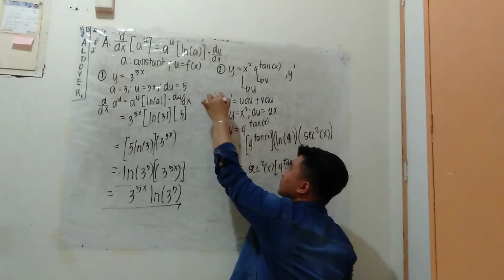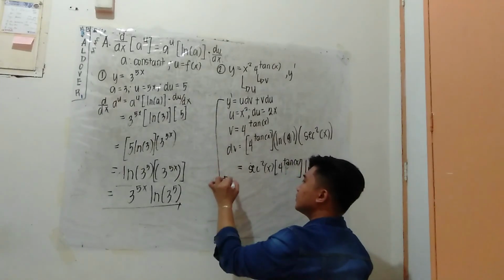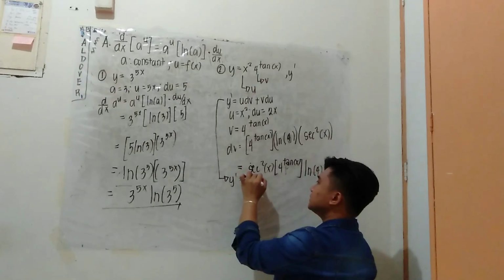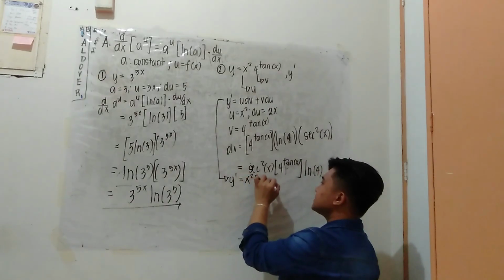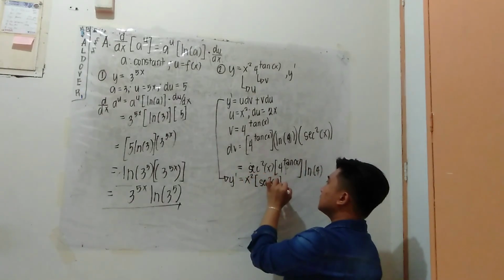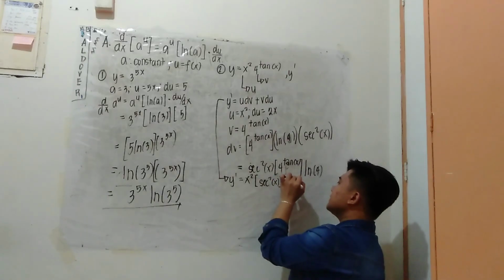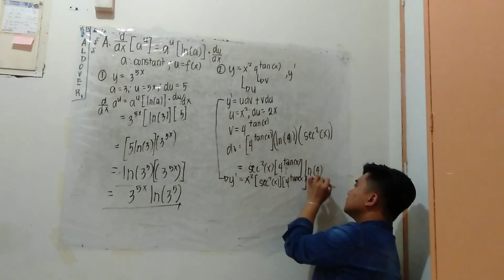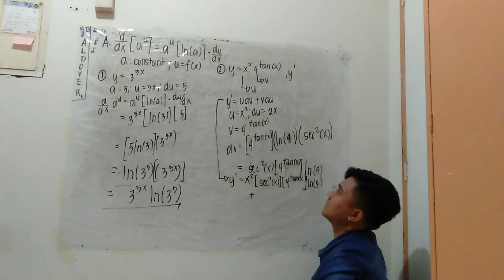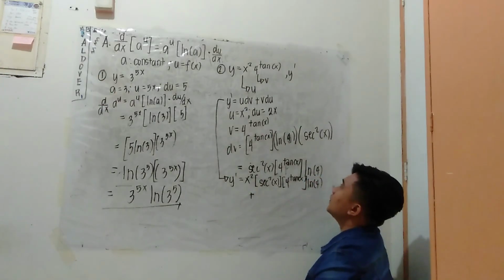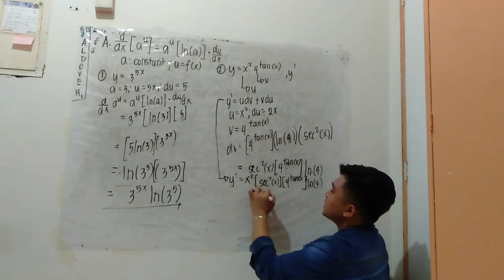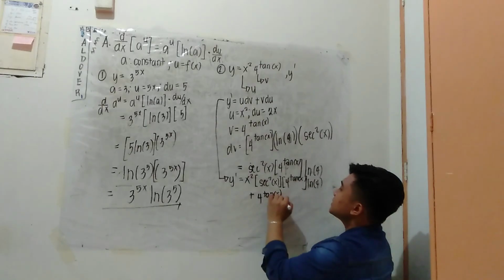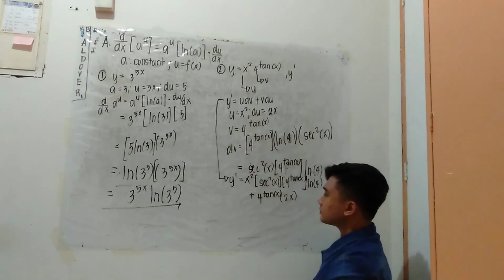And then, gawin ko na tong u dv, v du. Y prime is equals to u, which is x squared, dv, which is secant squared x, 4 raised to tangent of x times ln of 4 plus v, which is 4 raised to tangent of x, du, which is 2x.